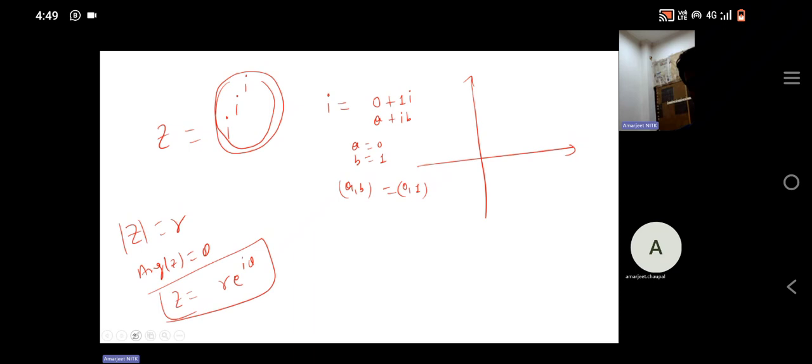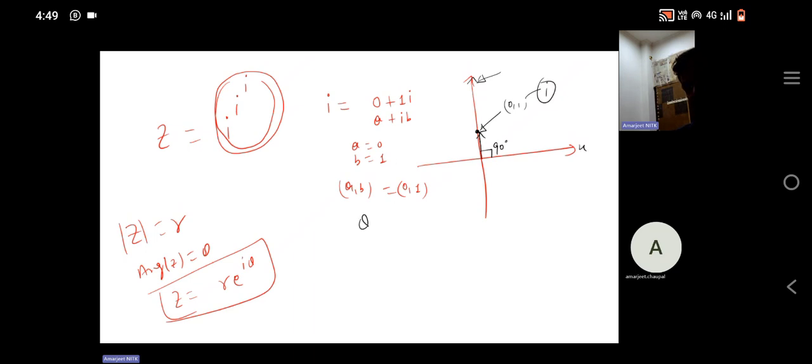Where is this point? This point will be somewhere on the y-axis, that is the imaginary axis. Here, this point is 0 comma 1, or you can say iota. If you join this point with the origin, then this radius vector will make 90 degrees with respect to the positive axis.